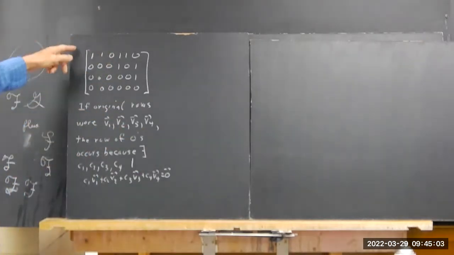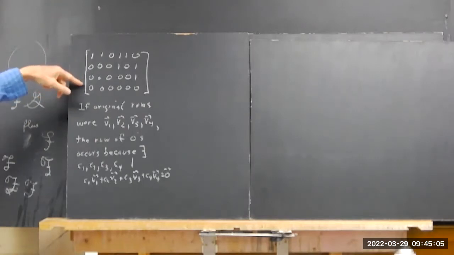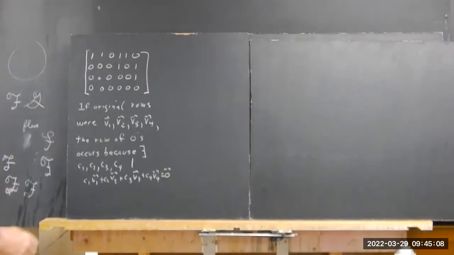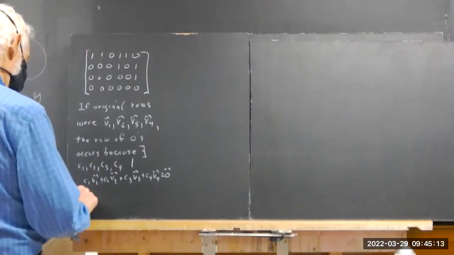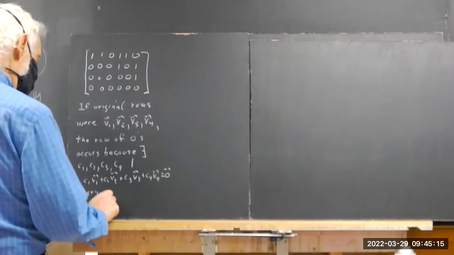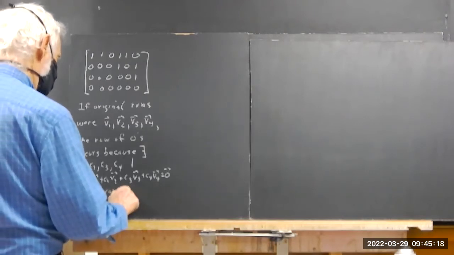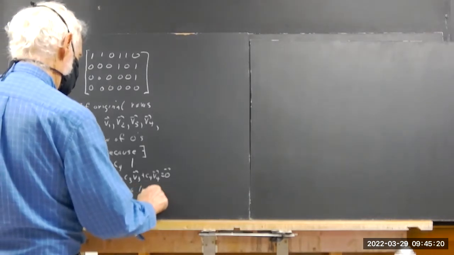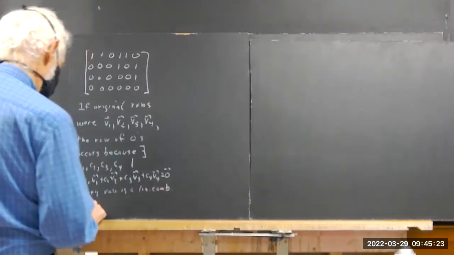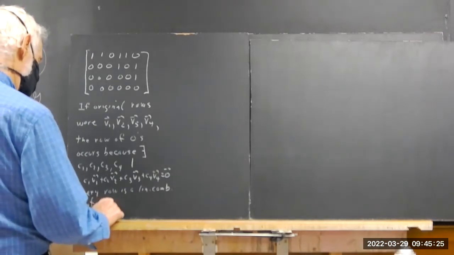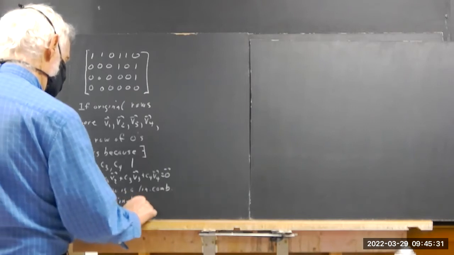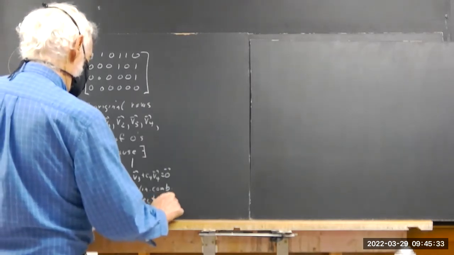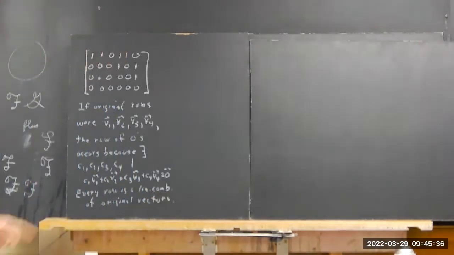So this represents a linear combination of all the vectors. Okay, every row is a linear combination of the original vectors.